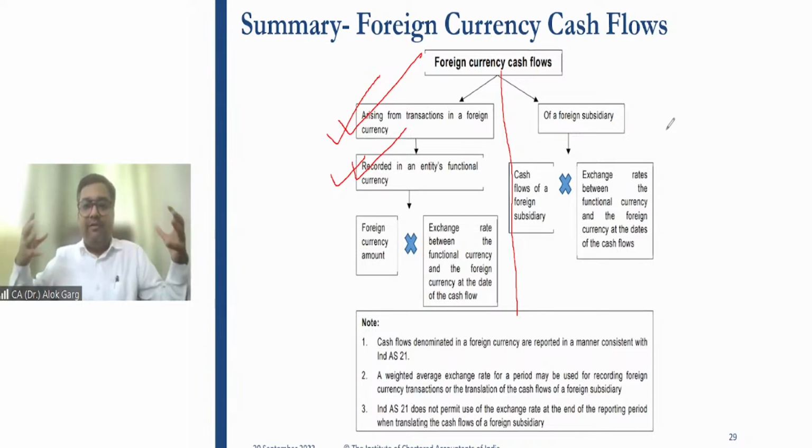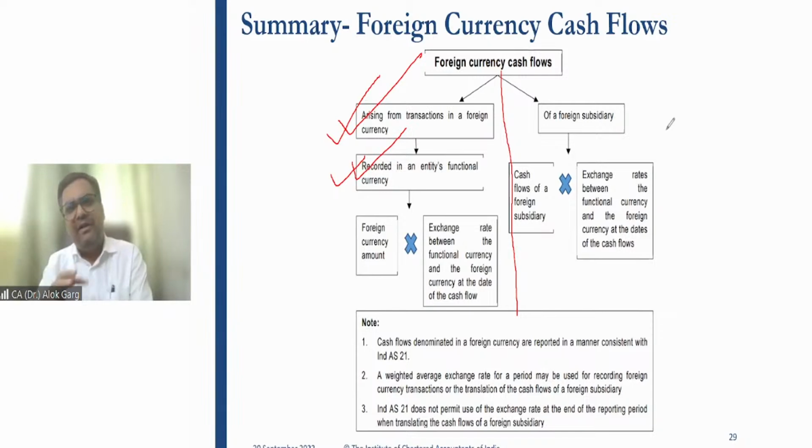The cash flows, whatever you prepare, are not as on date, they are for the year ended. So friends, you are doing the consolidation on the reporting date. Now when you are consolidating on the reporting date, you have a number at the end of the year. You have cash collected, cash paid, expenses paid, investment, interest received. It was throughout the year transactions.